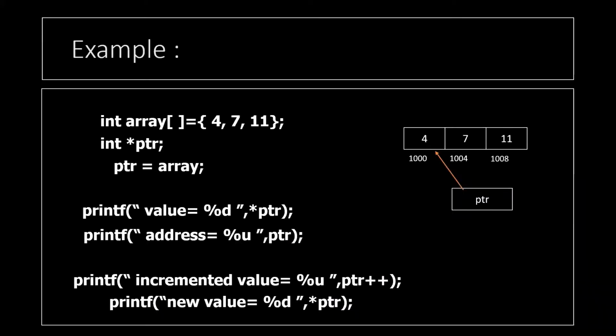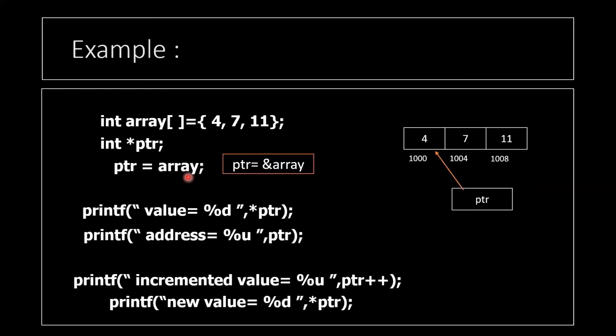Let's see a combined example of pointer arithmetic. Here I've taken an array of size 3 having 3 values 4, 7 and 11, and an integer type pointer as well. Then I have written ptr equals array. In the case of an array, writing ptr equals array is the same as writing ptr equals ampersand array.